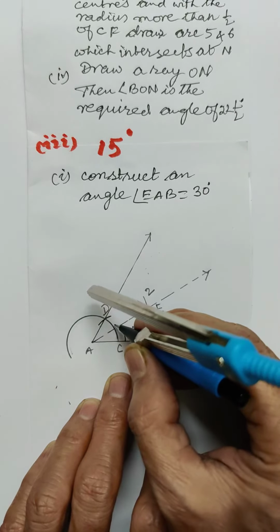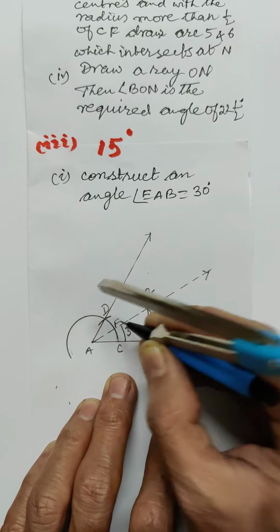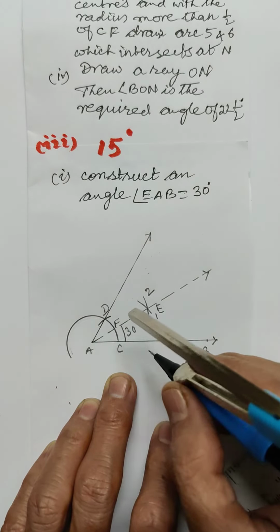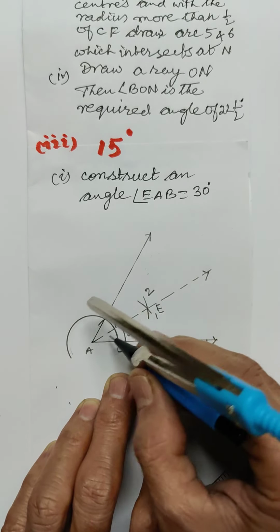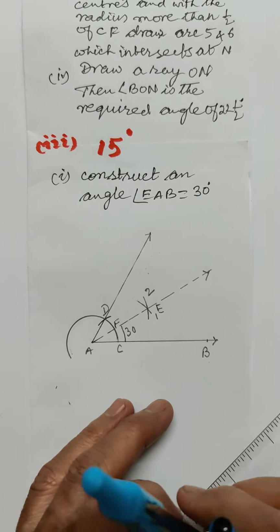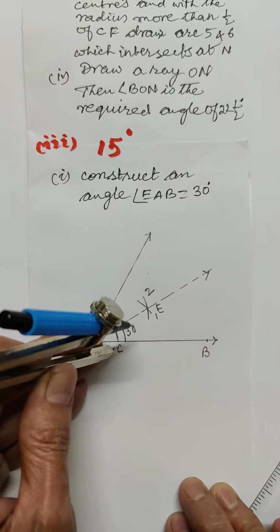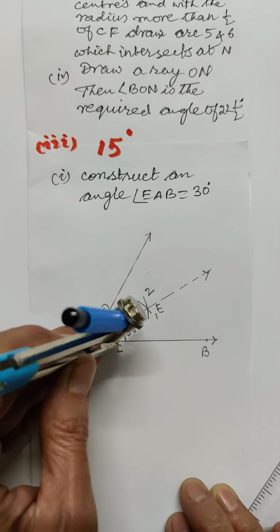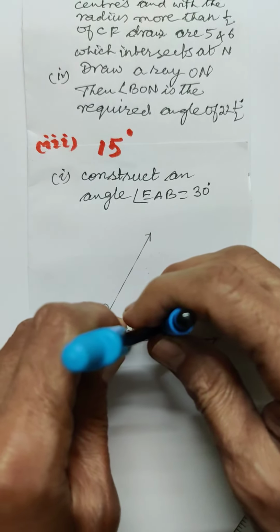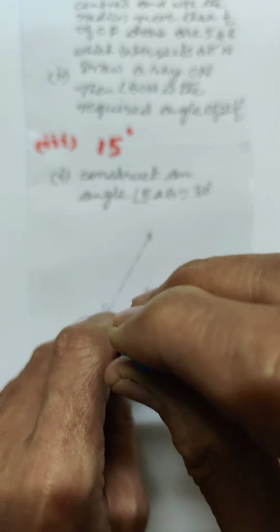See, this is point F, where EA intersects this arc CD. Now taking C and F as centers and distance more than half of CF, we shall draw arc number 3 and 4.